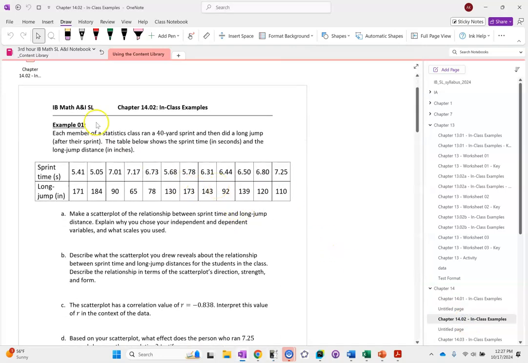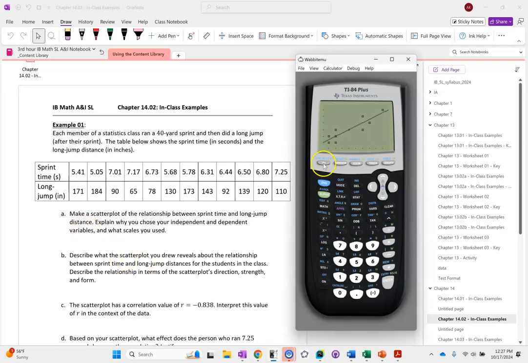In 14.2, it says, here we have some students' sprint times and long jump distances. It wants us to make a scatter plot for that, and then describe the independent and dependent variables. What are the independent and dependent variables here? You've got sprint times and long jump distances.